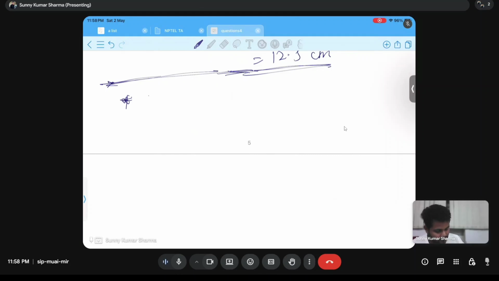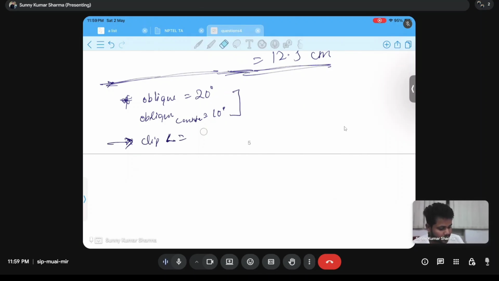So if I ask you that if we are given the oblique angle of knife as 20 degree and the oblique angle of counter shear as 10 degree, and it is asked what is the value of clip angle, what will you tell? So for clip angle, it will just be the sum of these two angles. That is oblique angle of knife plus oblique angle of counter shear. So it will become 20 degree plus 10 degree is equal to 30 degree.